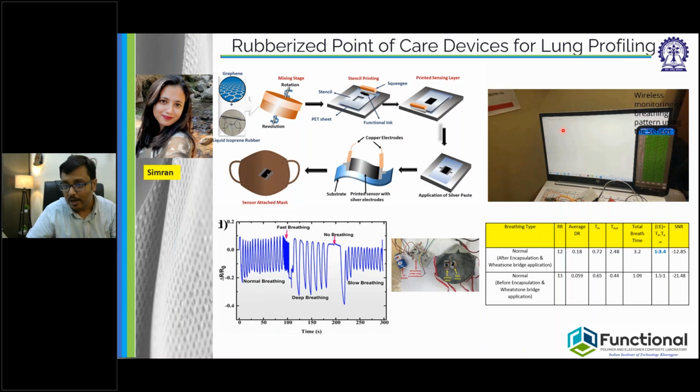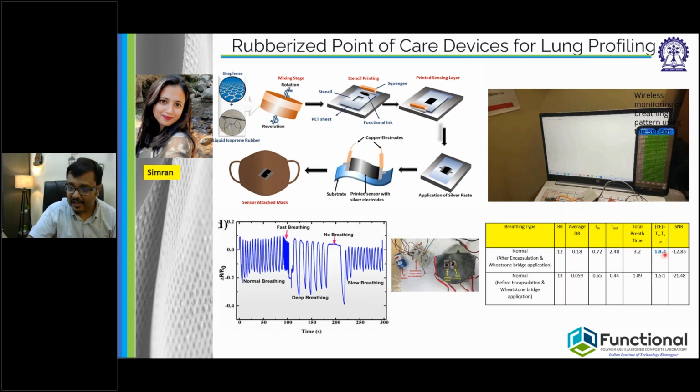Not only that, what we also did in this particular case is calculate the peak height and the peak area, and from there you can get many vital pieces of information like something known as the T in and T out. This is also deeply related to your lung profile.